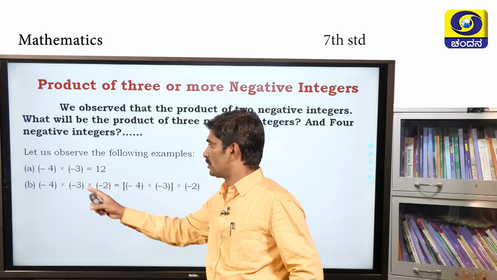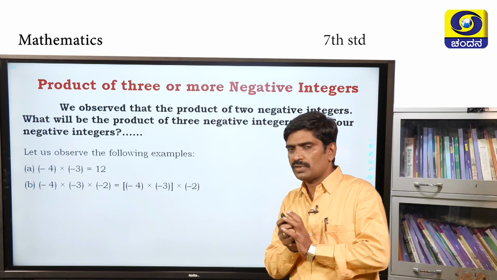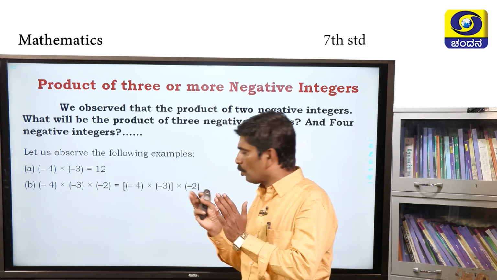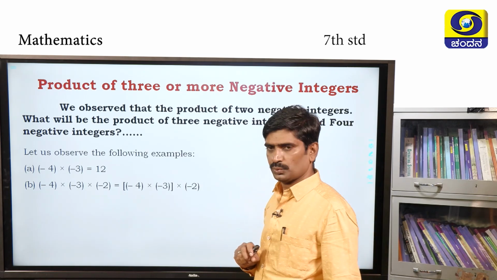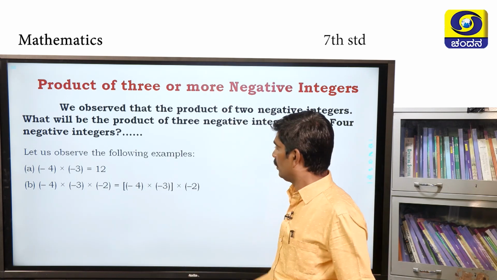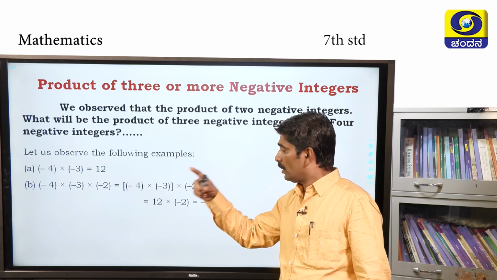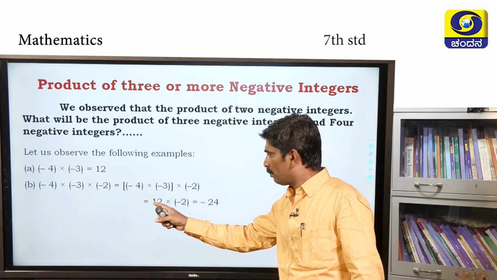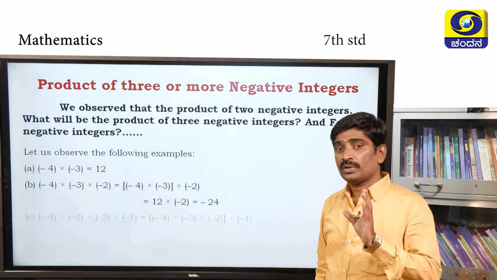We group them first: minus 3 and minus 4 are grouped, so first we multiply minus 3 and minus 4, then after that minus 2. Minus into minus is plus, 4 threes are 12, then into minus 2. Plus into minus, positive into negative, we already did that, is minus. 12 twos are 24. So the answer is minus 24.